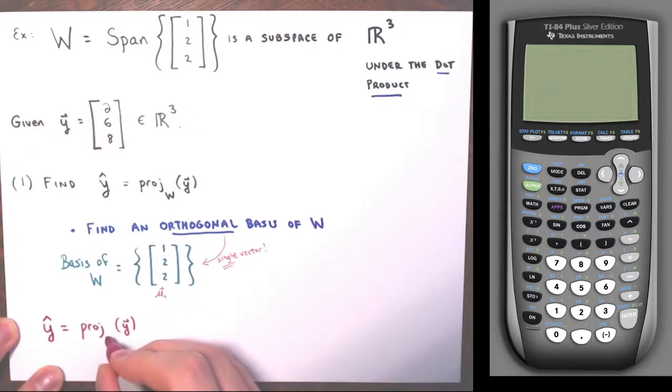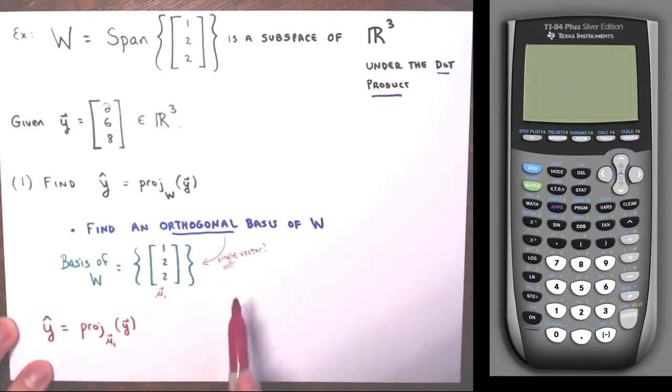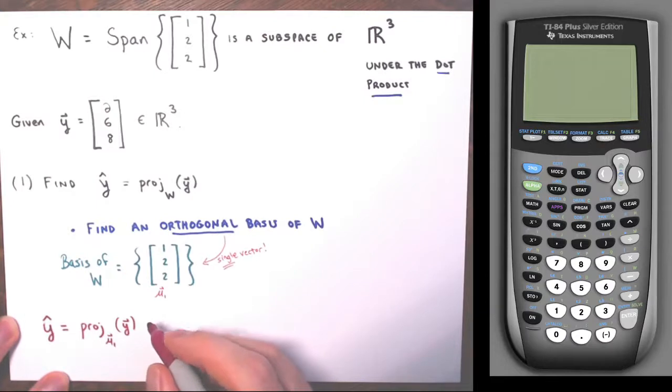And that's it. If there were more vectors in the basis, I'd be adding more projections, which I'll do in my final example, where there's more than one vector in the basis.